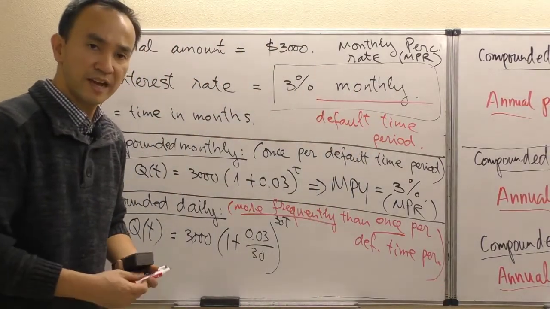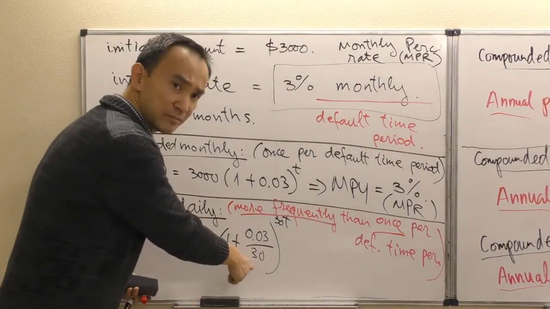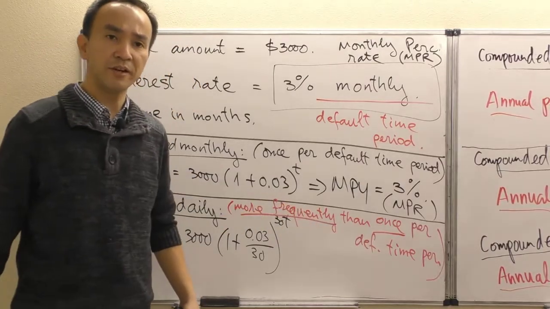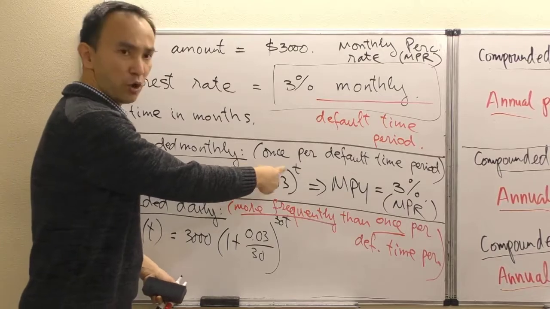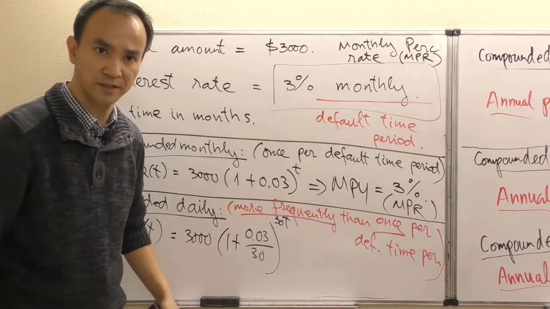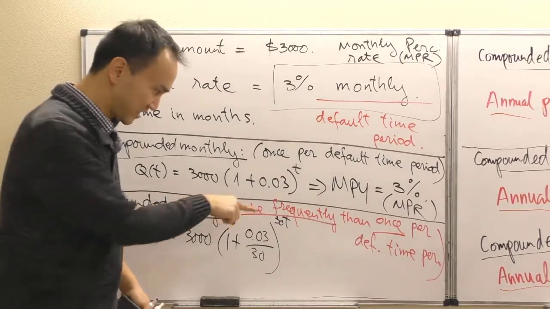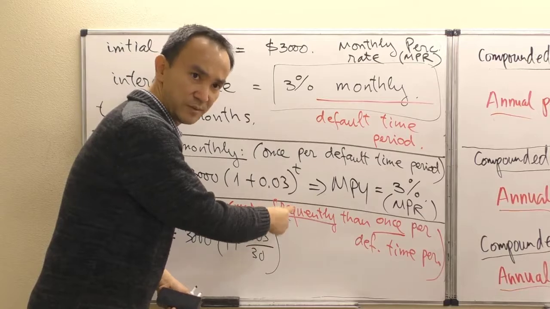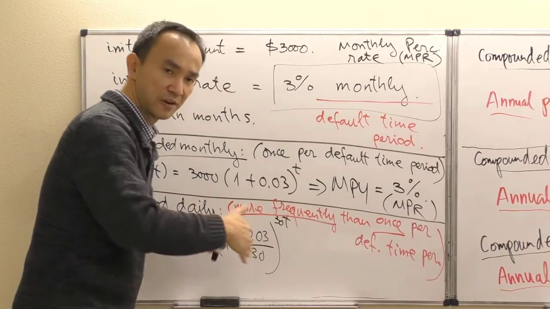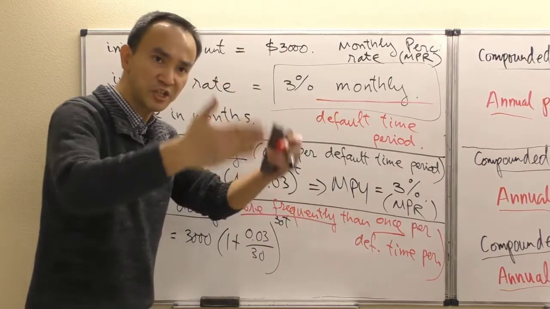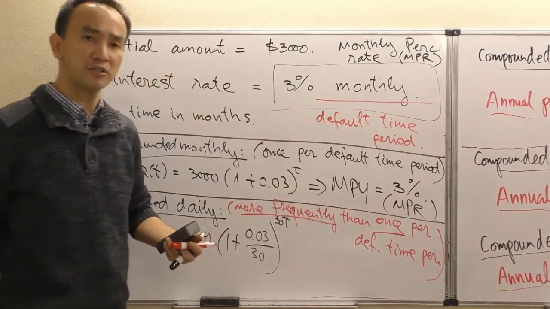How much more frequently? 30 times a month, 30 times in one default time period, whereas here it's only once per default time period. A lot more frequently. So in that case, do expect that there will be some effect on our final yielding in each default time period jump.